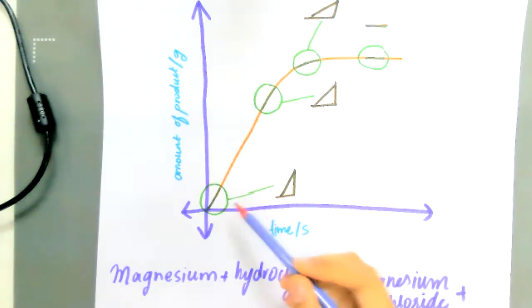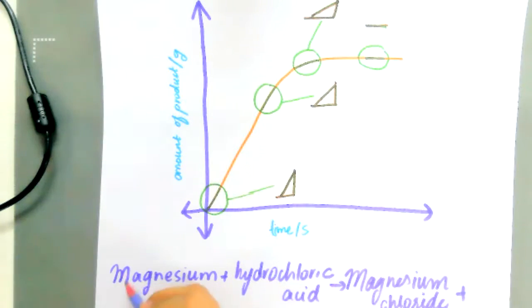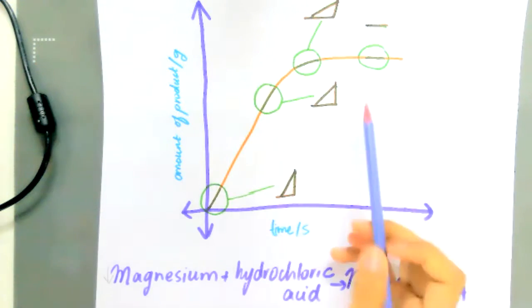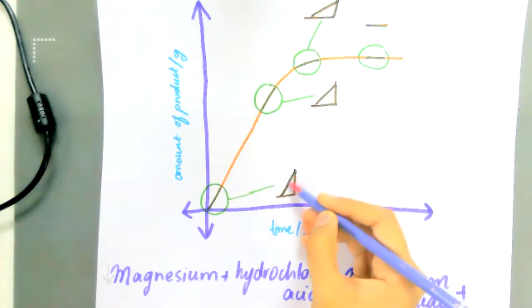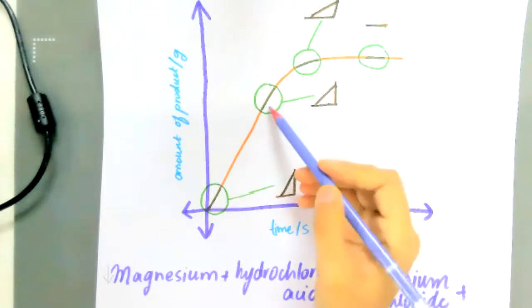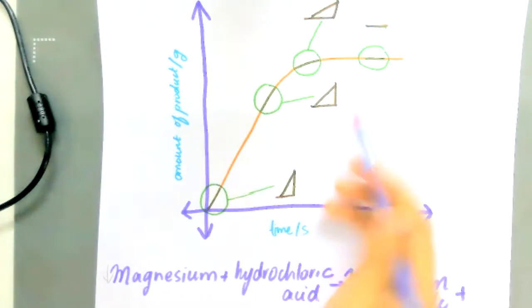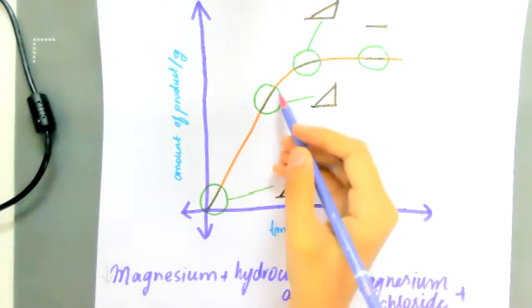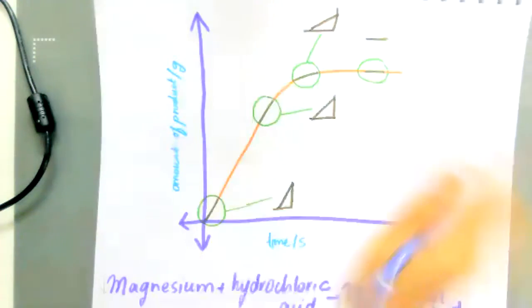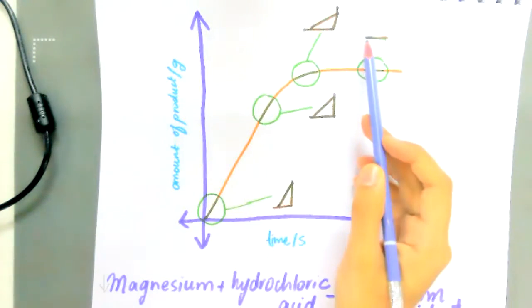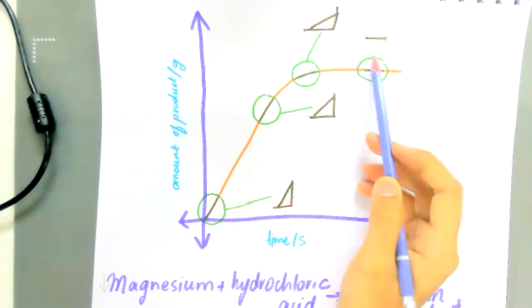That's why when the concentration of the reactants decreases, the reaction slows down. That's how the reaction stops. So over here, you can see that the gradient is the steepest, and then as the reaction moves on in time, you can see it became less steep, and then even more so, and then there was no gradient, right?